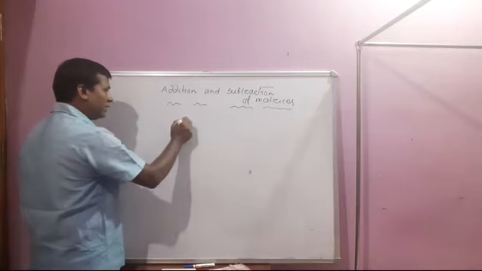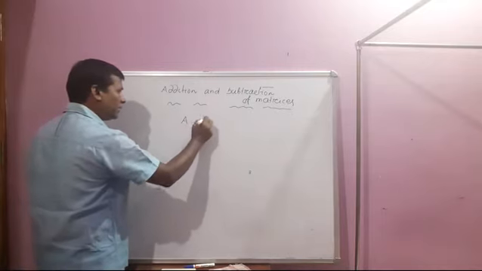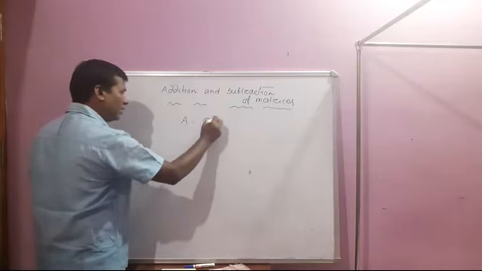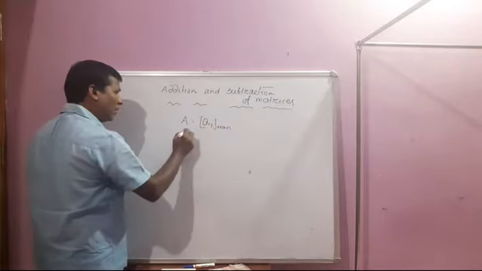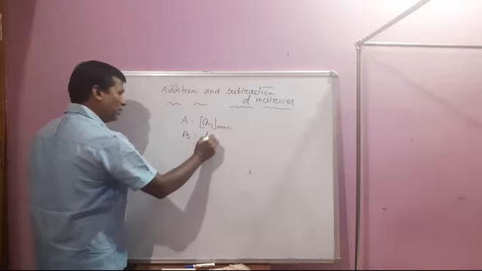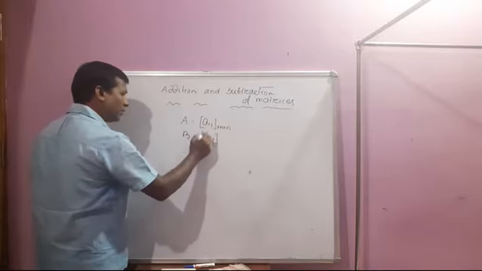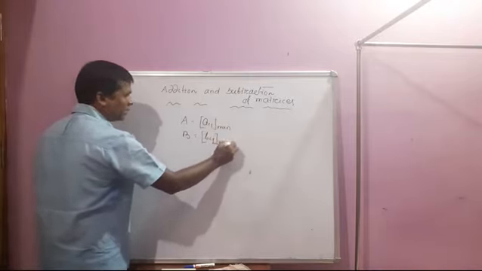Such as a matrix A, Aij, of m cross n order and a matrix B, Bij, of m cross n order.